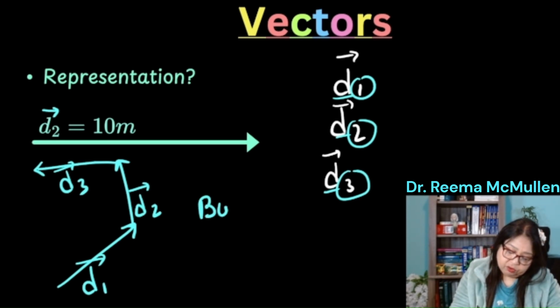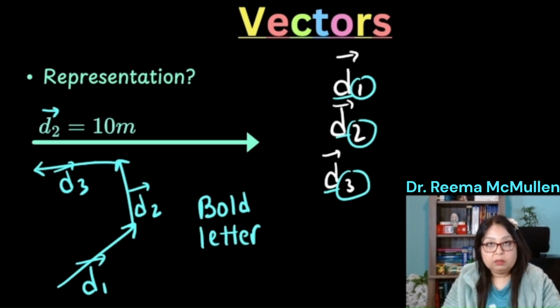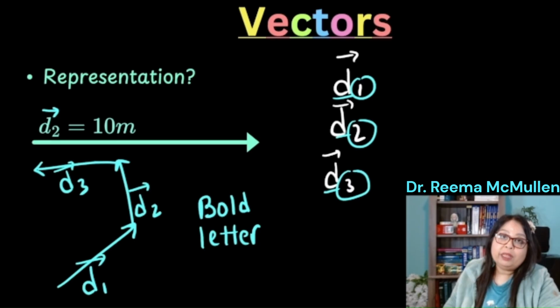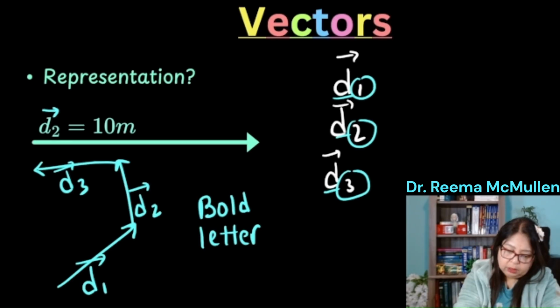So bold letters can also be used to represent a vector quantity. That means a scalar will be represented by, what's the opposite of bold letter? Whatever letter is not bold, unbold letter. Unbold letters will be used to represent scalars, and bold letters will be used to represent vectors.